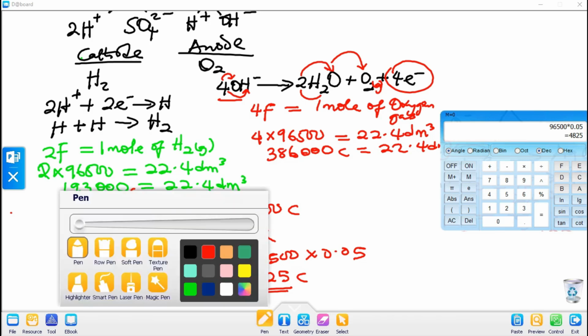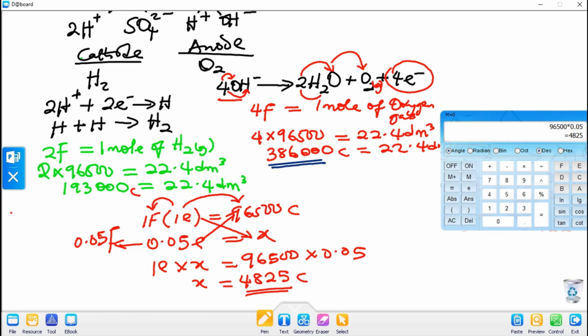Just like here, if I don't want to say 386,000 coulombs, I can simply say it is 4 moles of electrons or 4 Faradays. If I don't want to say 193,000 coulombs of electricity, I can simply say this is 2 moles of electrons or 2 Faradays. So we can see that. I just want us to get it clear.